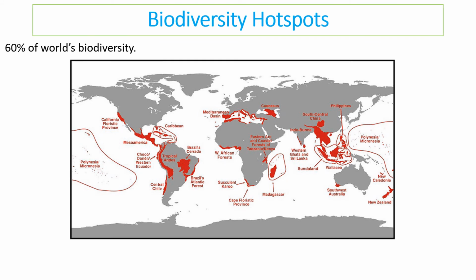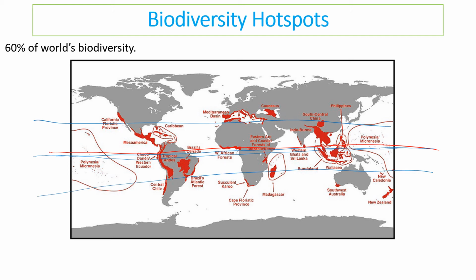Now, where the biodiversity is found around the world is mainly along the equator. If you think about where the equator is for Earth, and then think about where all the life is, you're talking in this region here, which is the tropical regions.